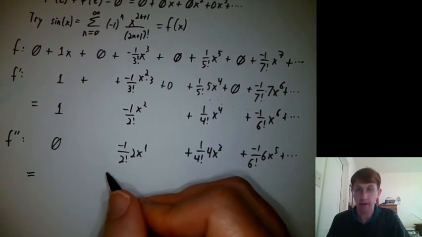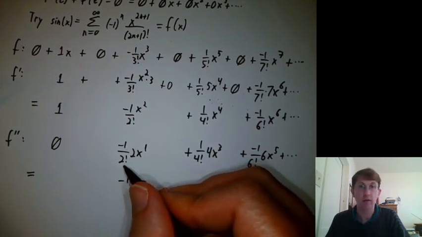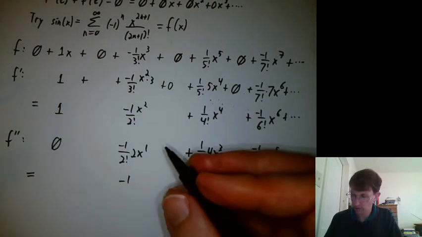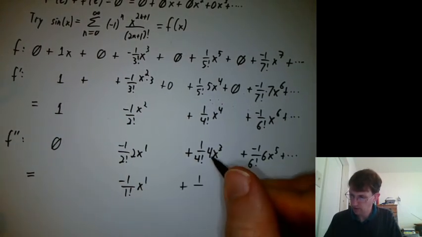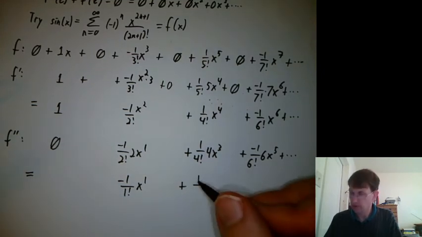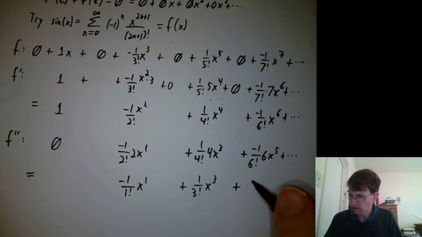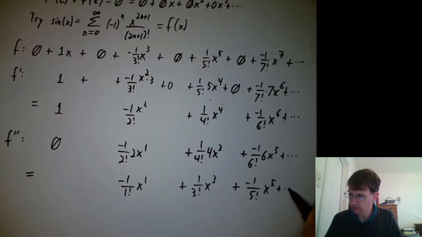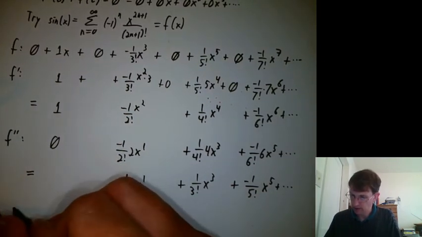And then simplify that to get negative 1, 2 divided by 2 factorial is just 1 factorial. X to the 1. 4 over 4 factorial is 3 factorial. And then negative 1, 6 over 6 factorial is 5 factorial. Like that. And now let's go back and check.